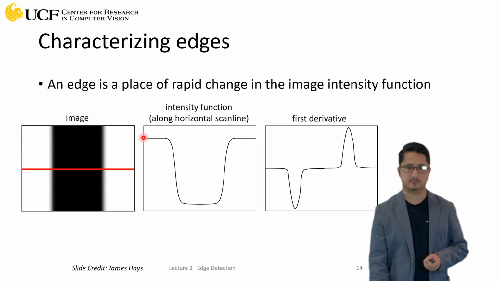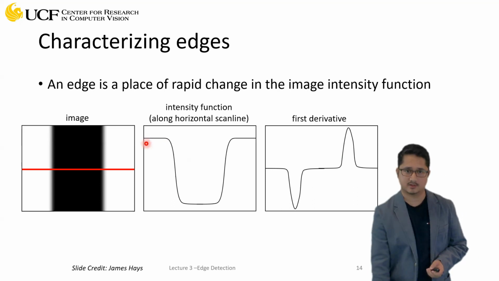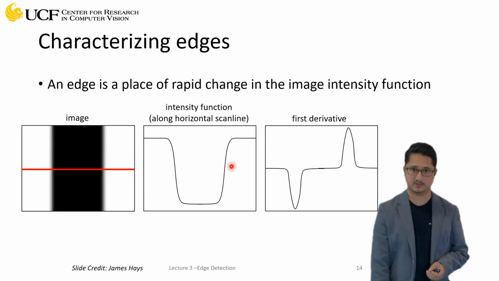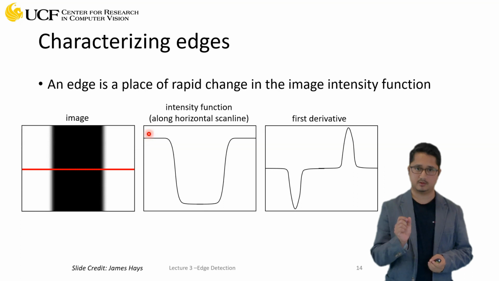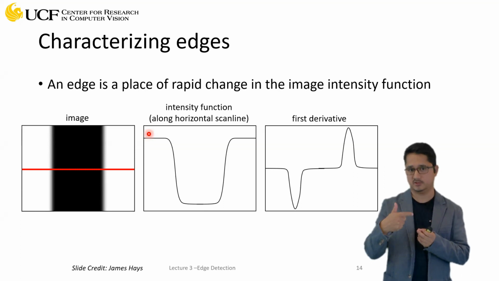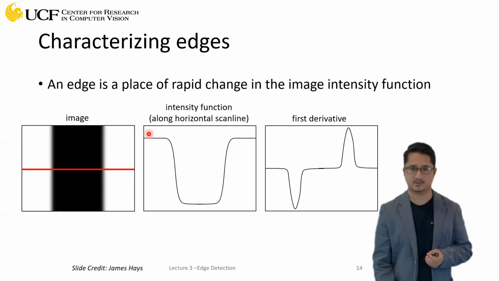Starting from the left, first a quick recap. Let's walk through how we can get the first order derivative of this function, which is coming from this image patch. Just a quick recap, derivative is just computing whether the function value is changing or not. That's exactly what the first order derivative is.